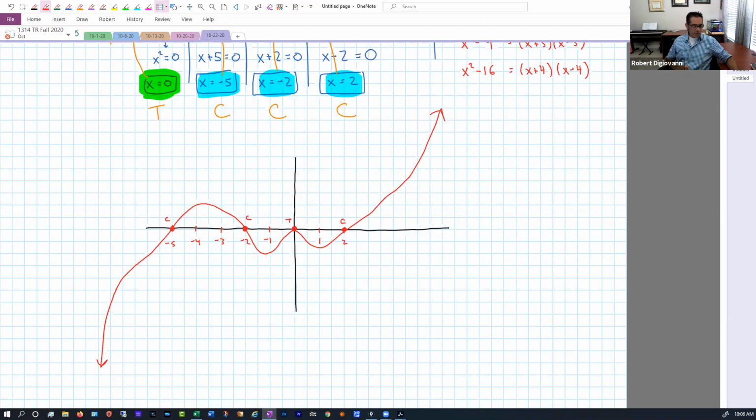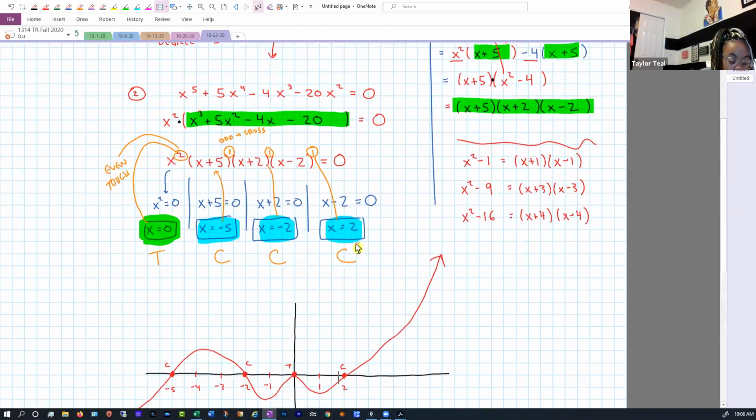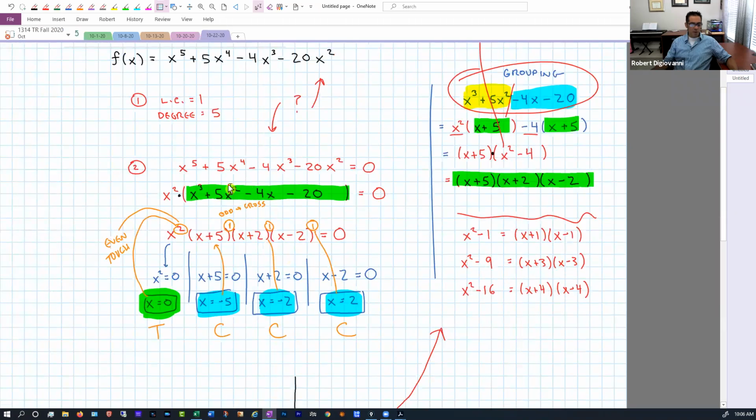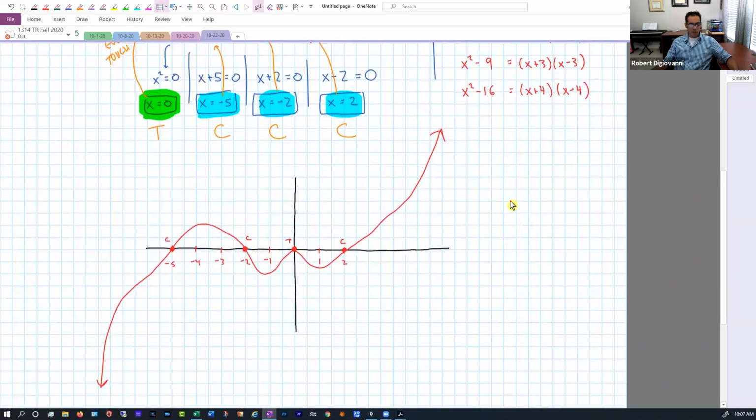However you want to look at it. Okay. So this problem, would you agree that the difficult part of this is the factoring? Right, this part right here, because you have to know how to do grouping, then you have to recognize difference of squares.